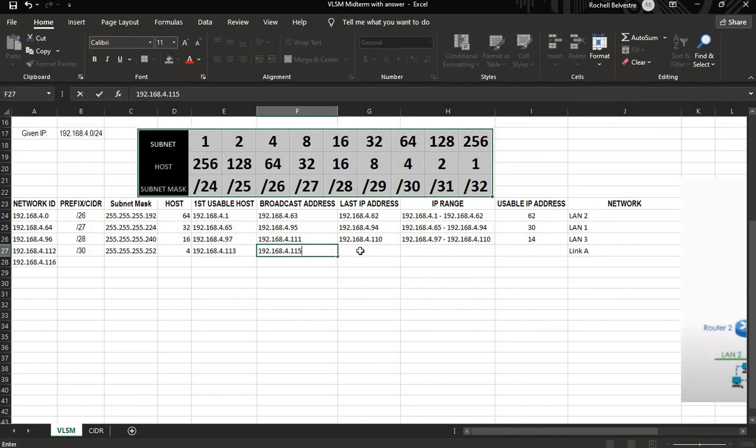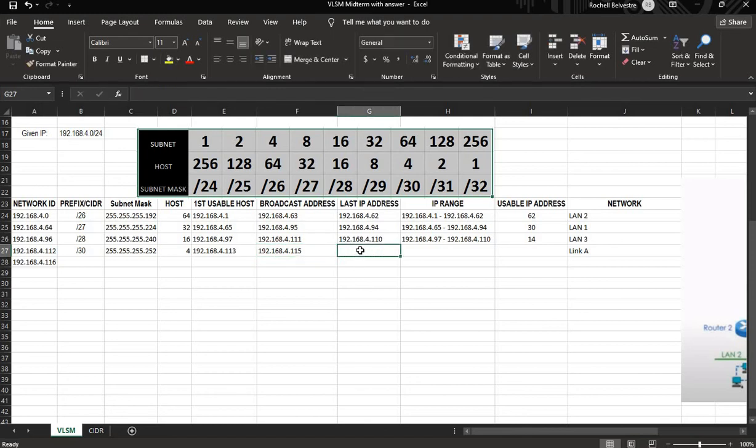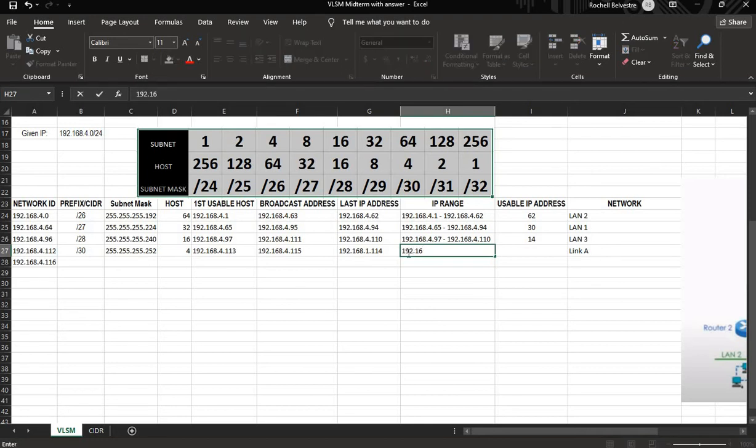So 192.168.4.115. The last IP address is the broadcast address minus 1, so this will become 192.168.4.114. The IP range is the first usable IP address to the last usable IP address: 192.168.4.113 to 192.168.4.114.